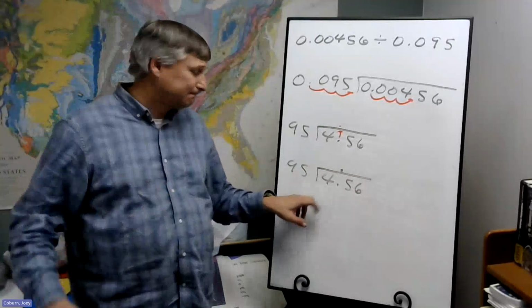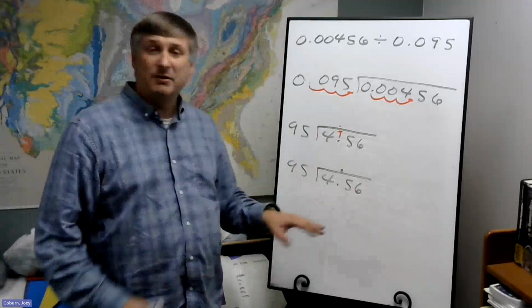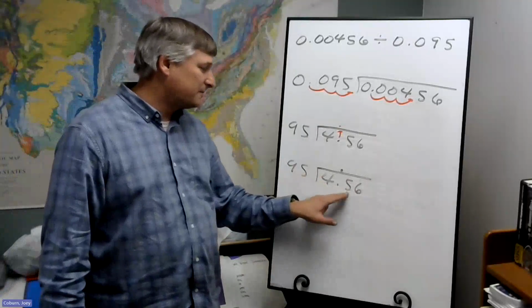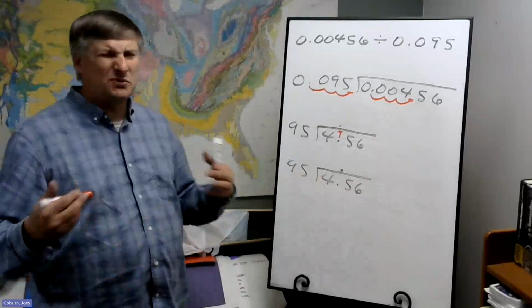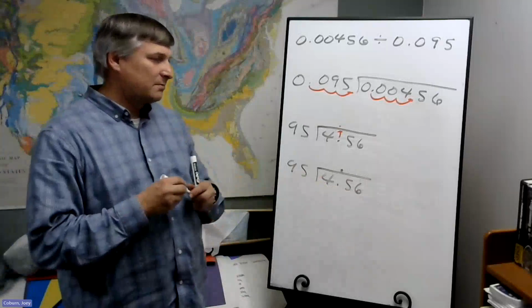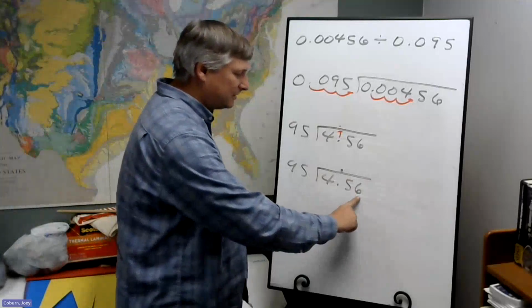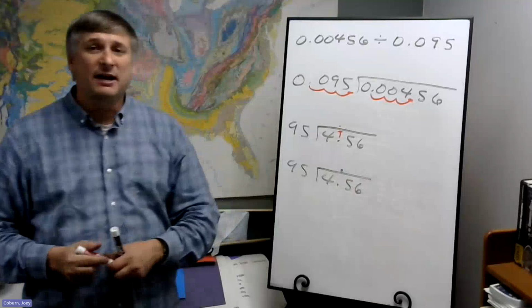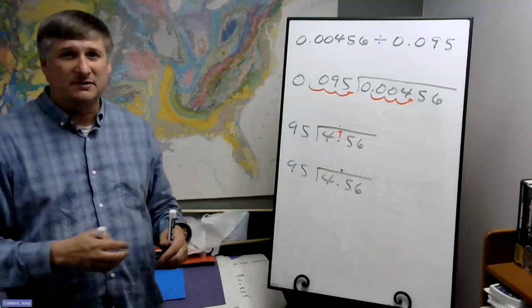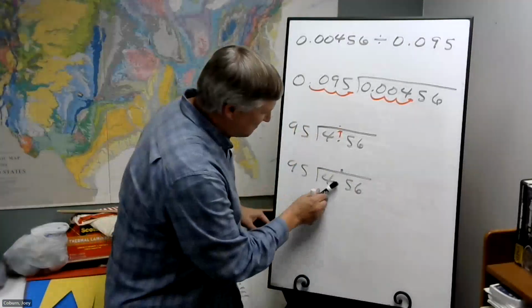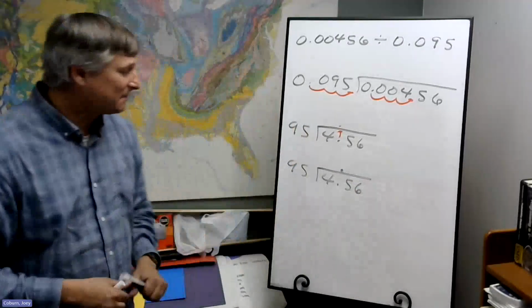95 won't go into 4. 95 won't go into 45. But 95 does go into 456, at most 4 times. So we're going to take that answer 4, put it over the last digit of the number we divided 95 into, 456. Again, pretending that decimal point's not there.